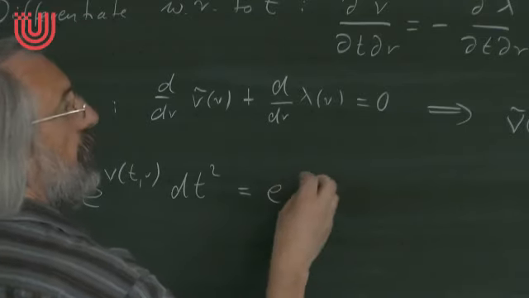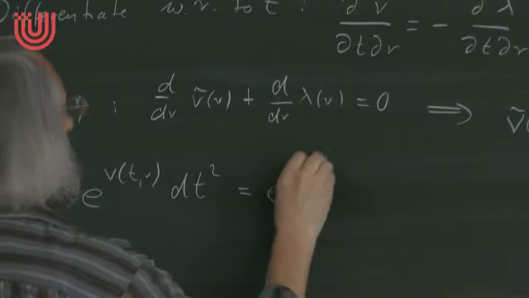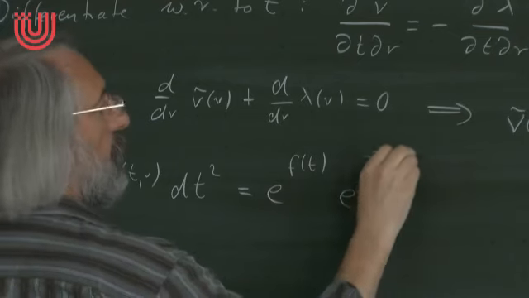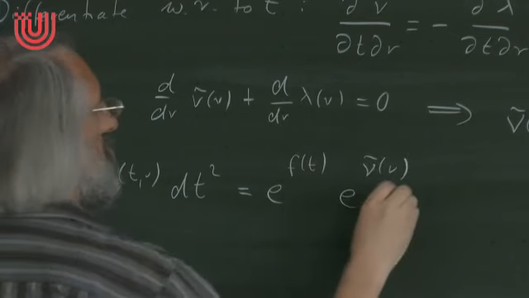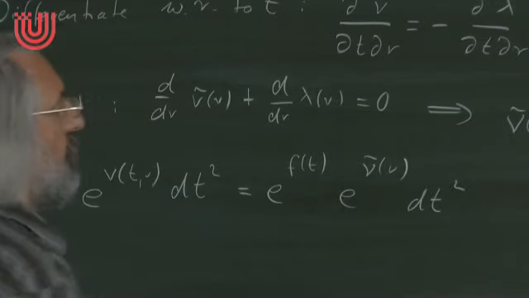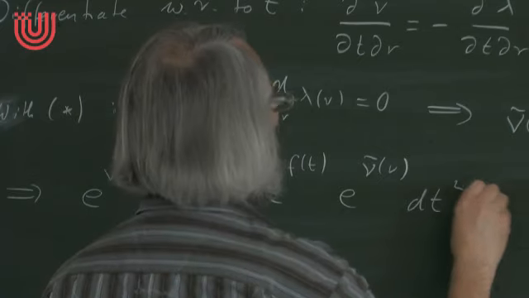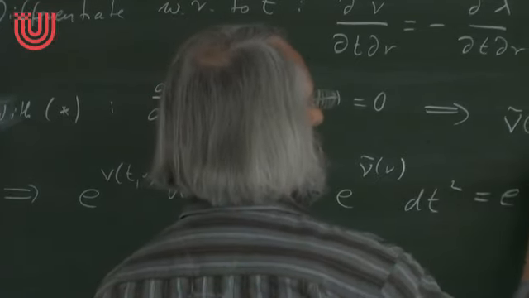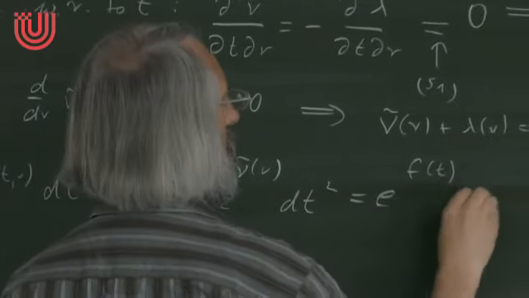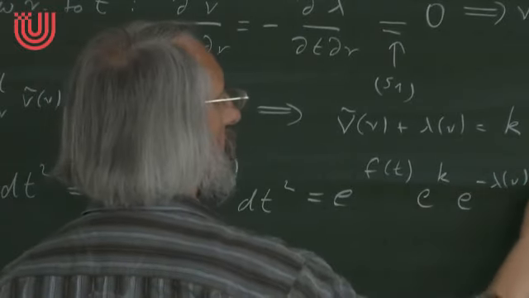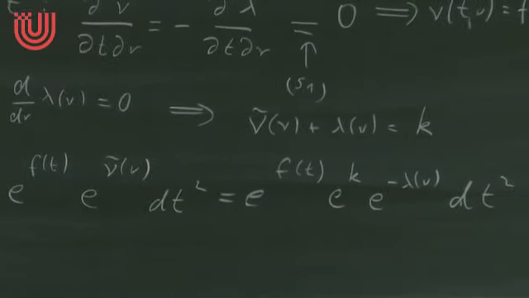We have written it as e to the f of t times e to the nu tilde of r dt squared. And the nu tilde of r is this here. So this is e to the f of t, e to the k, e to the minus lambda of r dt squared.